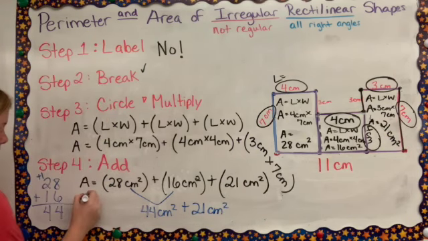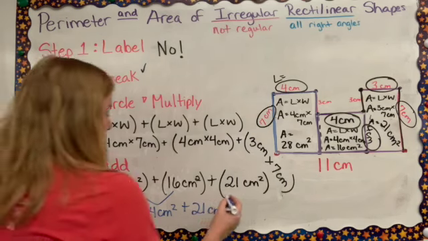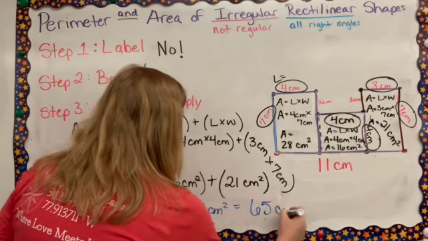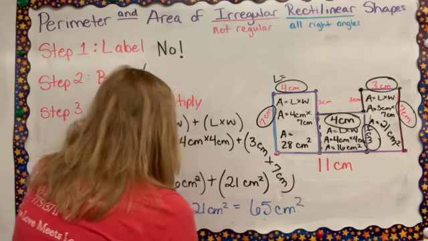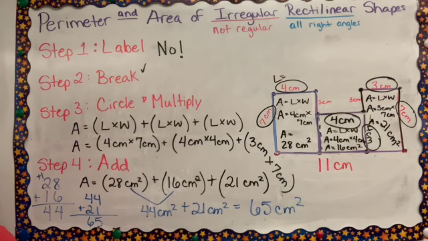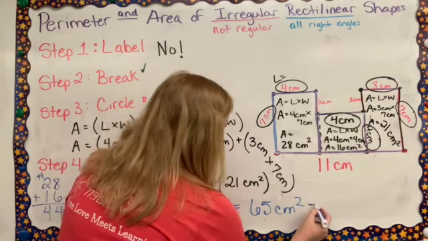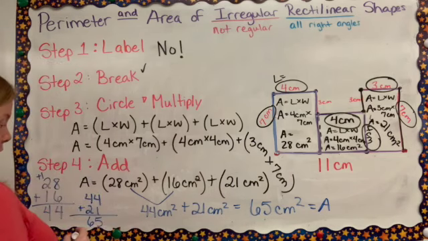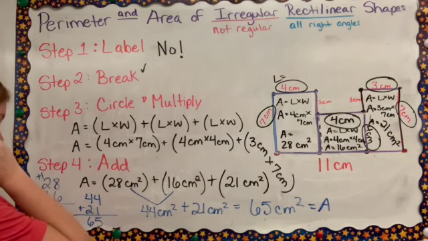So I'm going to say 44 plus 21. 4 plus 1 is 5. 4 plus 2 is 6. Equals 65 centimeters square, and somewhere I have to have my area equals, so I'm going to go ahead and put area equals, and that is my final answer, my friends.